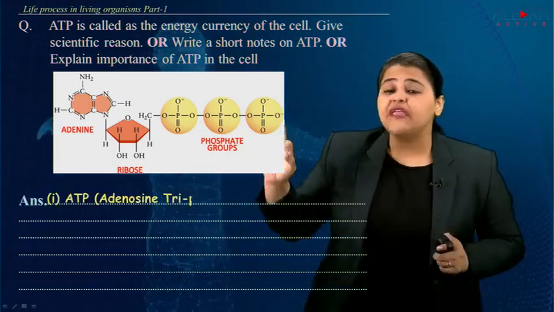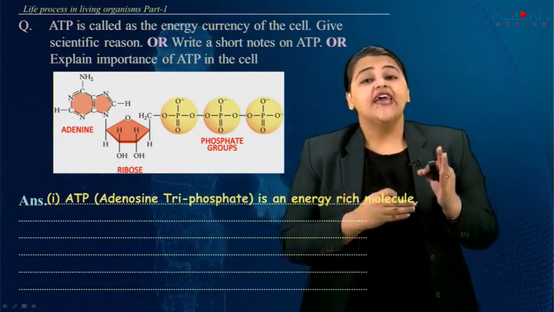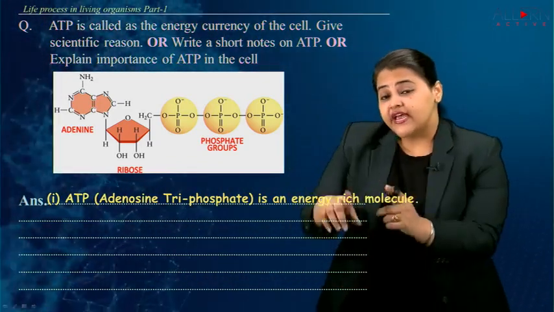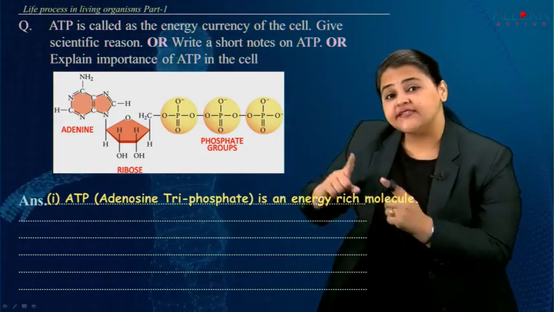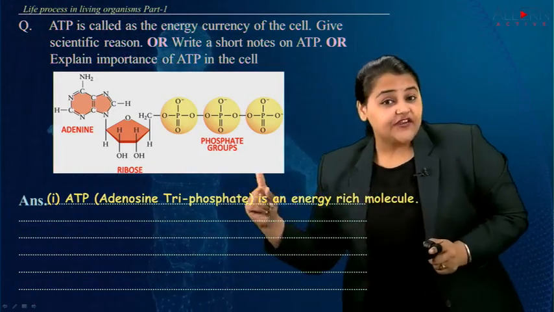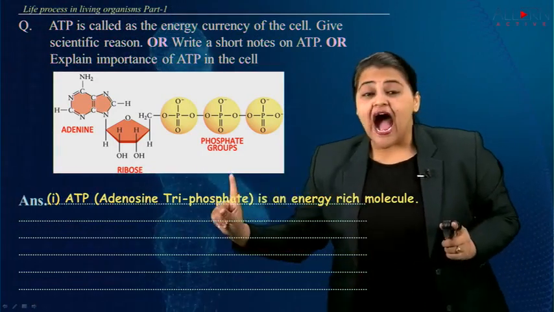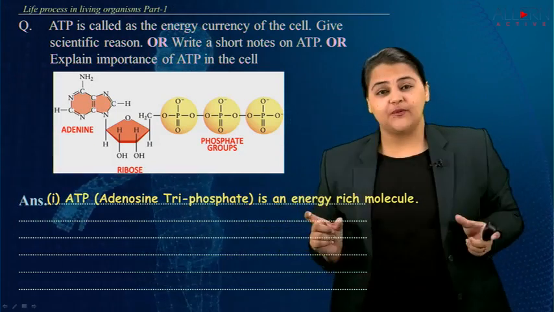Now this is an energy-rich molecule. This ATP, which is nothing but adenosine triphosphate, is an energy-rich molecule. Why? Because this triphosphate has bonds present between the phosphates. Each and every phosphate which is linked to the other, that's 1, 2 and 3, they all have a bond in between them.